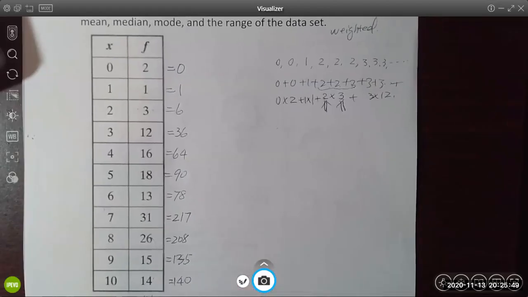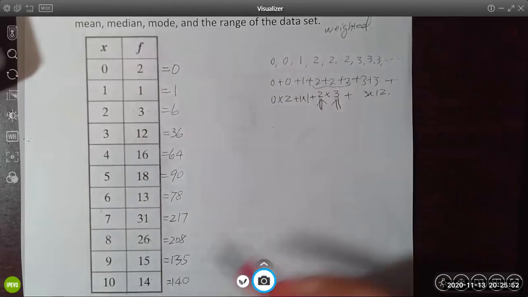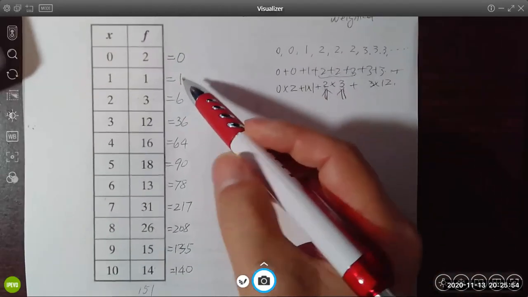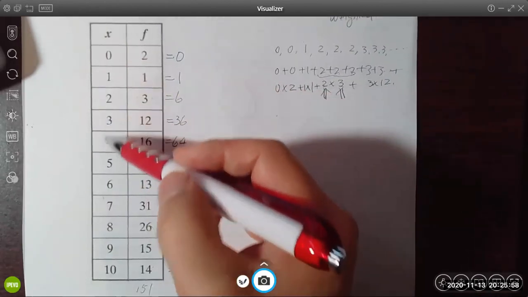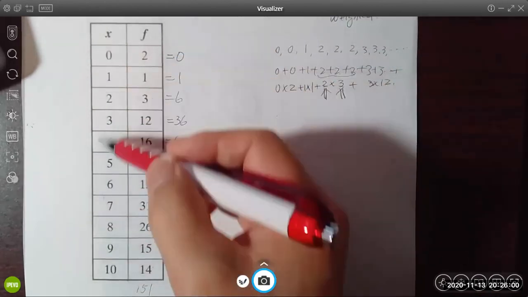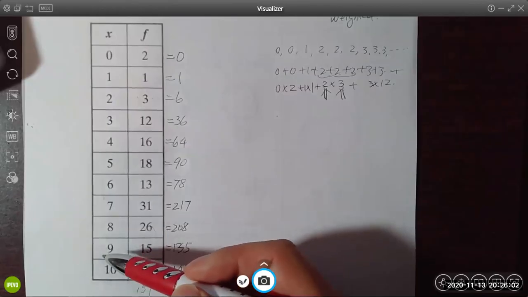So now I'm going to add them all together to get the total value. After I add all this together, it's equivalent to adding all of these 151 numbers together. It's just the sum of them repeating.